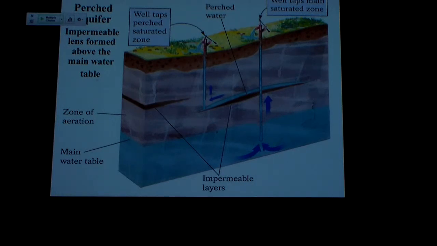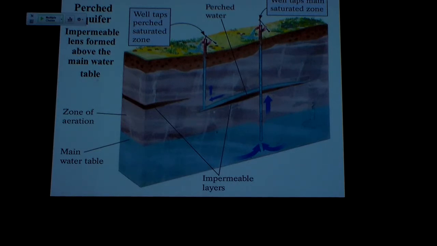Sometimes you get a confining layer, an impermeable layer, and it just goes for a short distance. It's not widespread. And we get a lot of these around here because of the glacial deposition, where we just got a little layer of clay kind of laid down and then some more sands over that. So we see these around here on occasion.